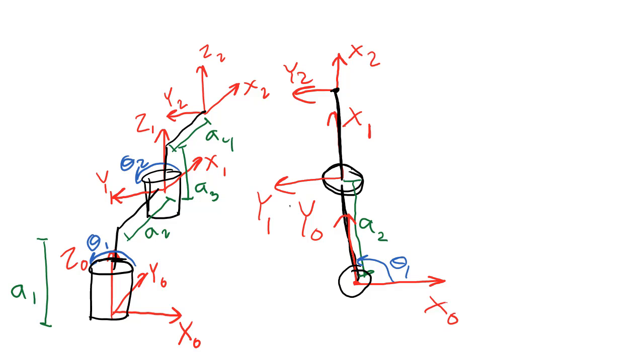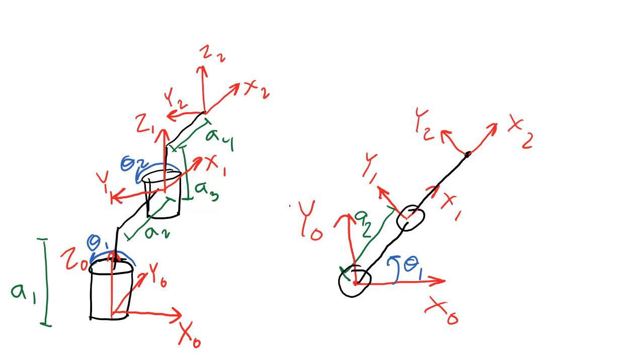Now, could we draw this same picture the way it would look if θ1 was 45 degrees instead of 90 degrees? Here's how the picture would look if we had an angle θ1 of 45 degrees instead of 90 degrees.